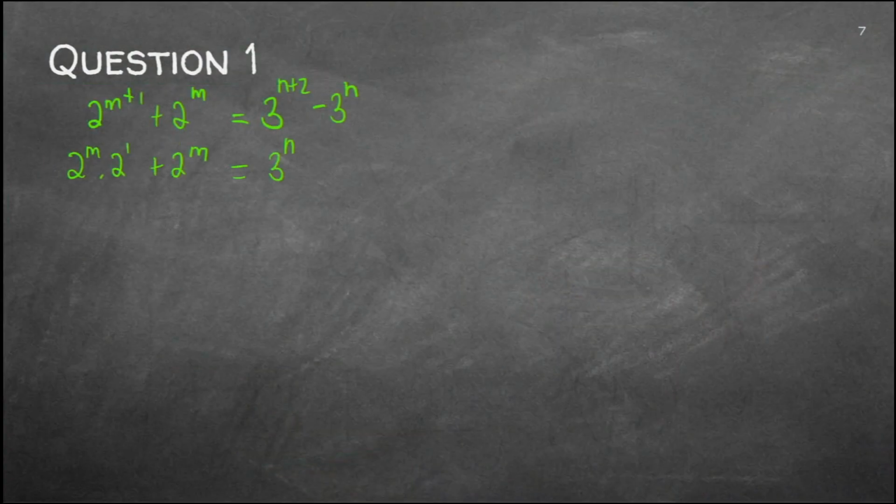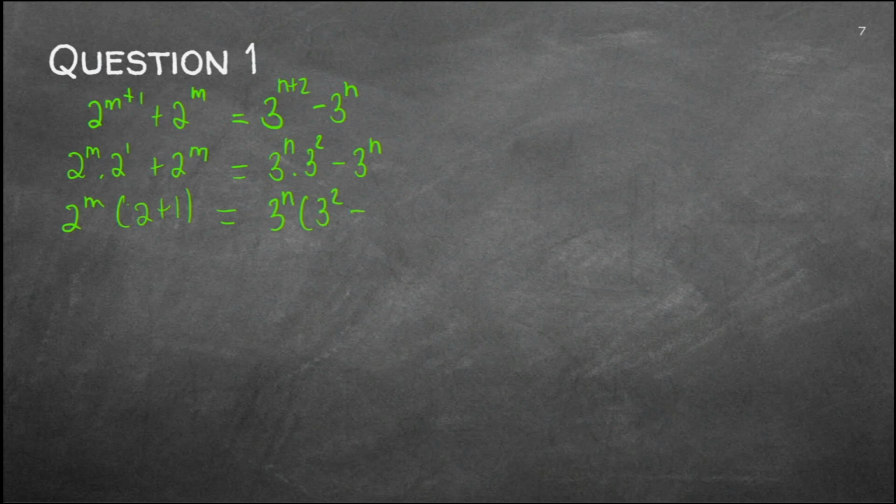I'm just using the exponential laws, and I know I can factorize by taking out a common factor. Let's have a look. What do we have? I have 2 to the m times 3 equal to 3 to the n times 8. So again, one more step first, because I need to get it in prime base.